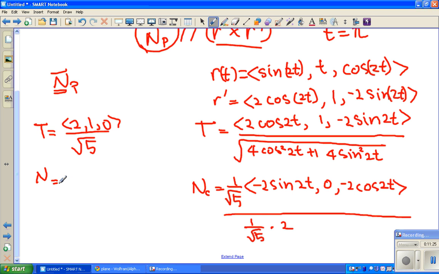And for the normal vector, we can simply cancel these two things out, and here we get 0, 0, negative 1.